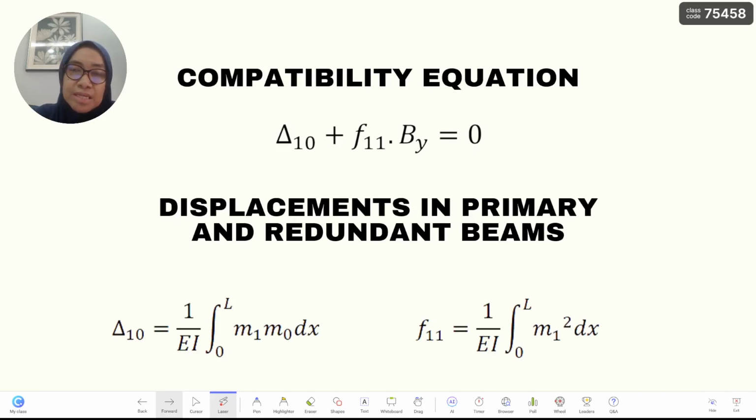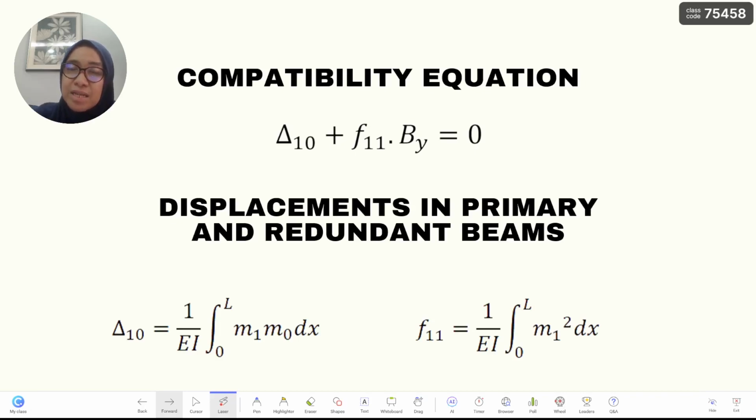Delta 1 naught is the standard form of displacement in the primary beam. F11 is the standard form of displacement in the redundant beam, and By is the redundant chosen. So this is equal to 0.